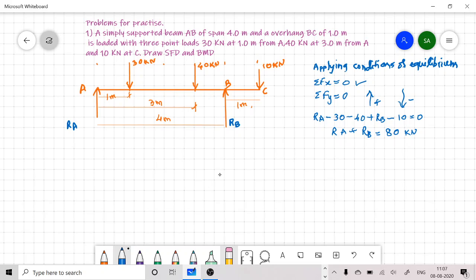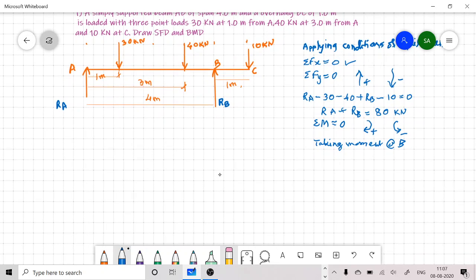Now let us find the share of RA and RB out of 80. For that, we'll apply the third condition of equilibrium, sigma M is equal to 0. For that, we will assume all clockwise positive, all anticlockwise moment negative. So first of all, we will take moment about B. Remember clockwise positive, anticlockwise negative.